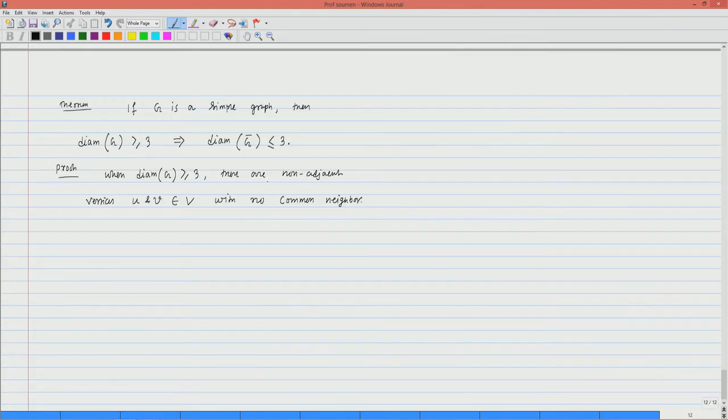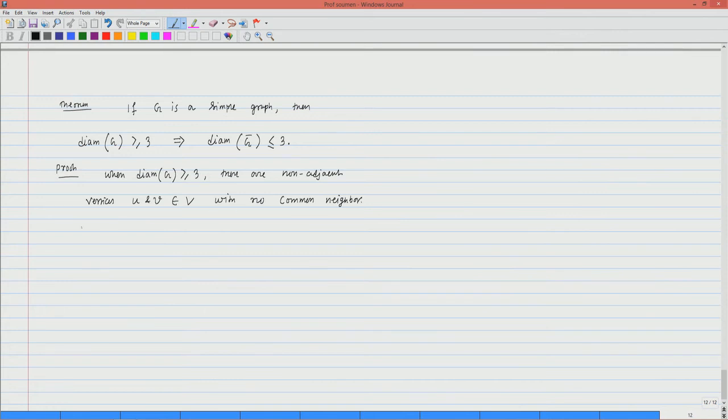If there were a common neighbor, say A, then the shortest path between u and v could have been u, A, v. This is the reason why there is no common neighbor between the vertices u and v.